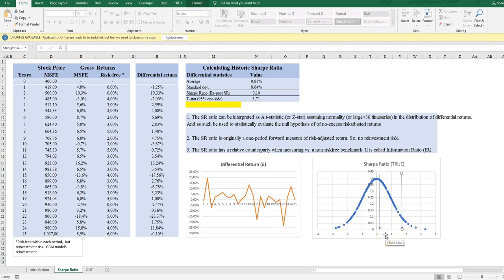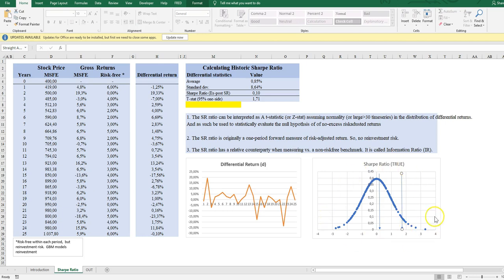So we cannot reject the null hypothesis of no excess risk-adjusted return. And it sounds very confusing, perhaps complicated, but it's really not. It's basic statistics, just with a t-test being the Sharpe ratio. It's exactly the same.